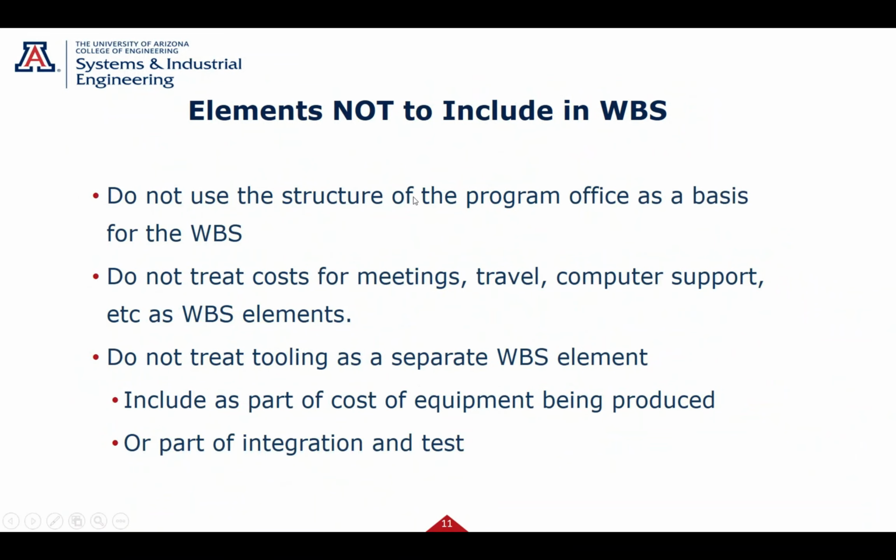Elements not to include: you usually don't do this as a structure of the program office. Cost for meetings, travel, things like that, you don't put those in your WBS elements. You bid those in your tasks, but you don't put those as a separate box.